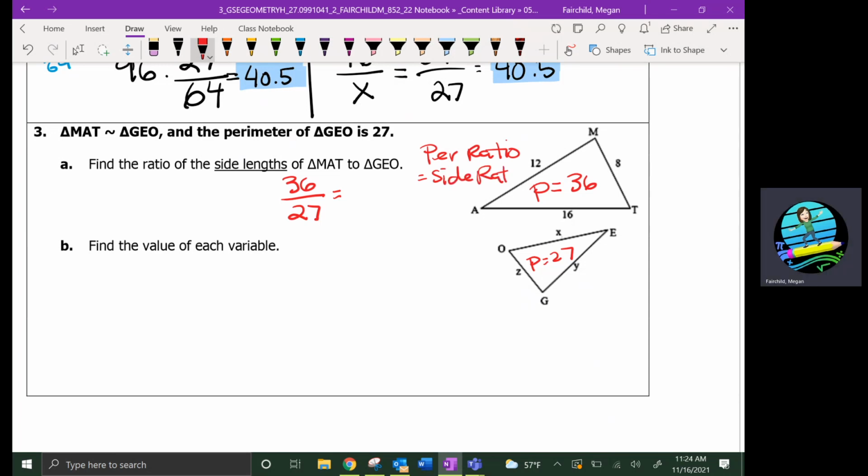So this would be divided by 9. That would give you 4/3. And it asks in a specific order, from this one to that one. Then you can use that to find each variable. So 16 goes with x. I could say 16 times 3/4. 16 times 3/4 would give me 12 for x for the smaller one.